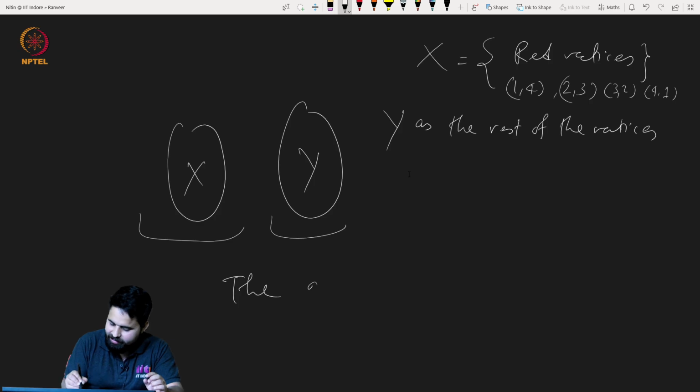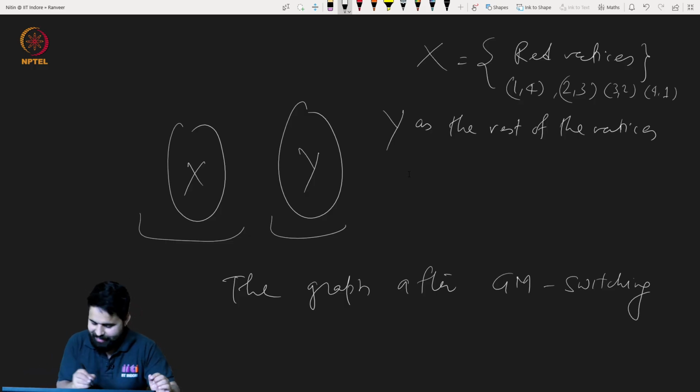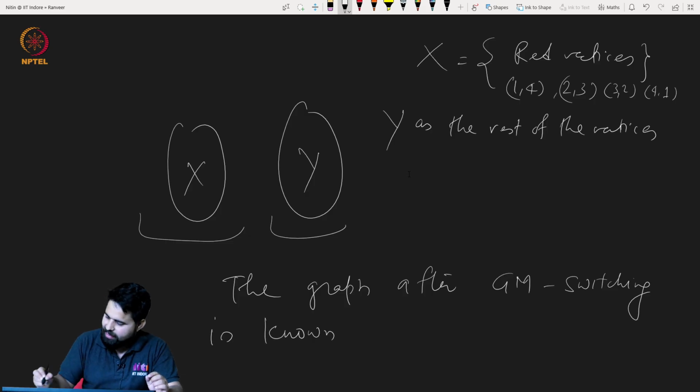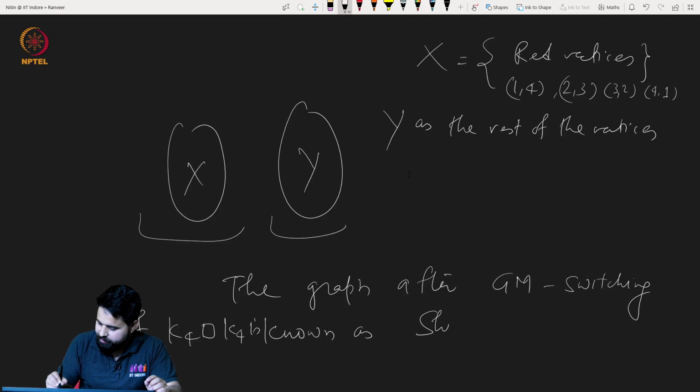The graph after GM switching of K4 box K4 is known as the Shrikhande graph.